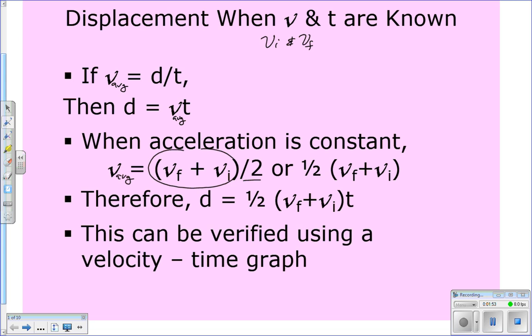So by placing this into this equation for average velocity, we end up with displacement is equal to 1/2 of VF plus VI times t. And we can verify that using a velocity time graph, which I will show you how to do on the next slide.